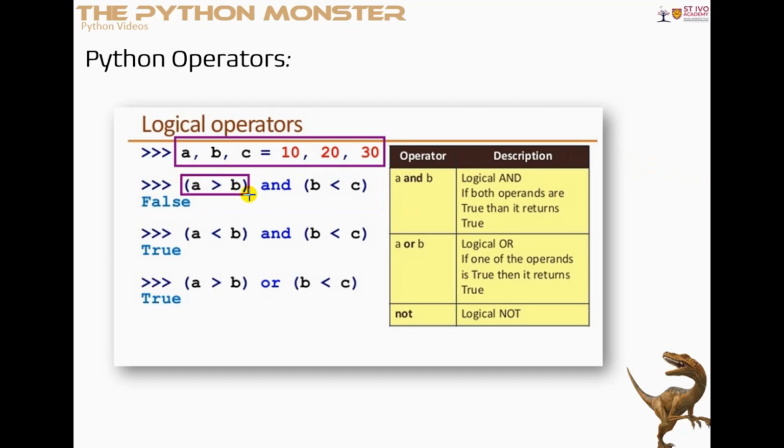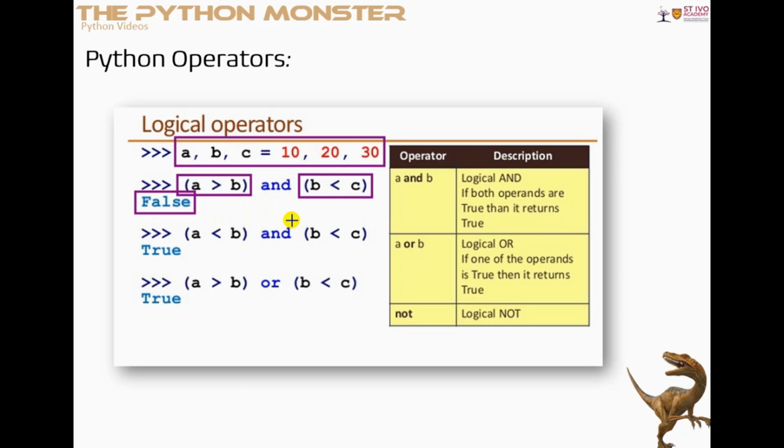If you look at a greater than b, that's actually false because a is not greater than b, it is less than b. The other comparison we're looking at is b less than c. That in fact is true, but both of these need to be evaluated as true for the entire expression to be evaluated as true, and because one of those is false, the entire expression is evaluated as false.